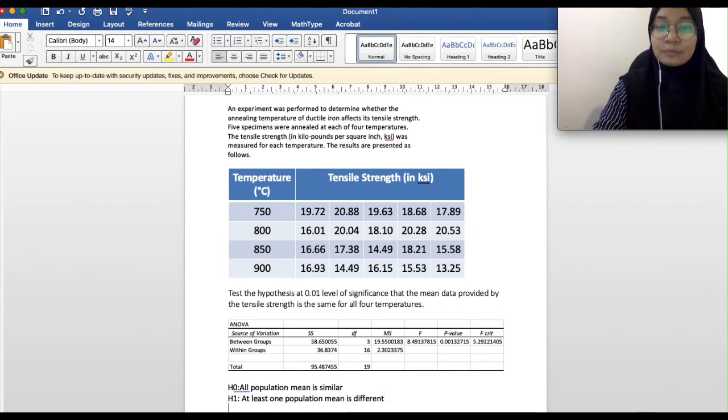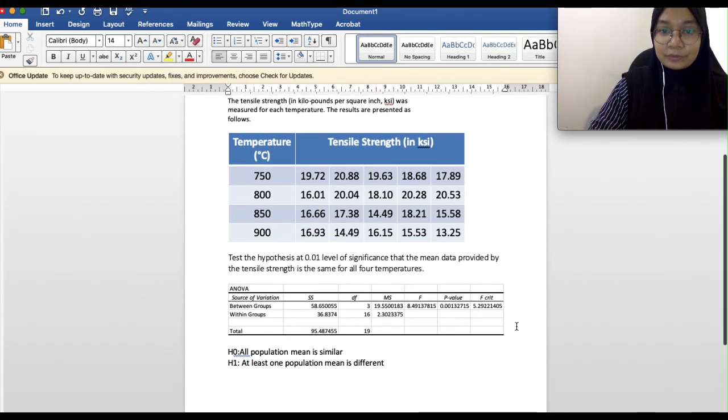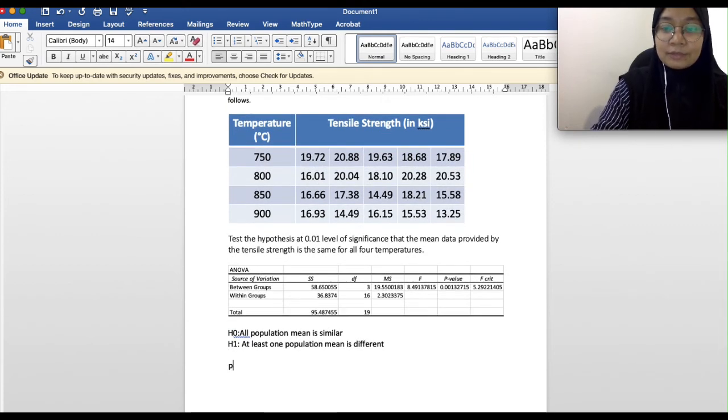Okay, you also can put the symbol, right? So step number 2 is the p-value. So p-value is equal to 0.0013. Okay, so we have here p-value 0.0013.